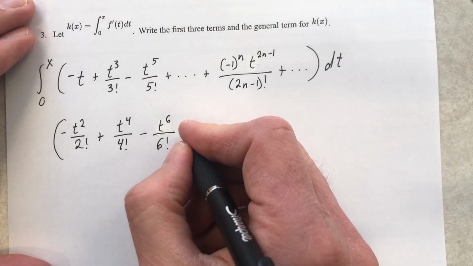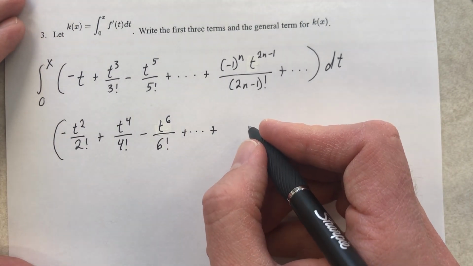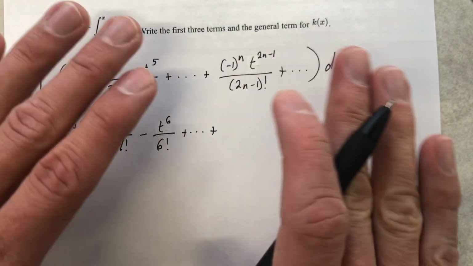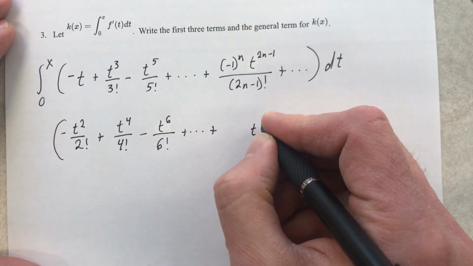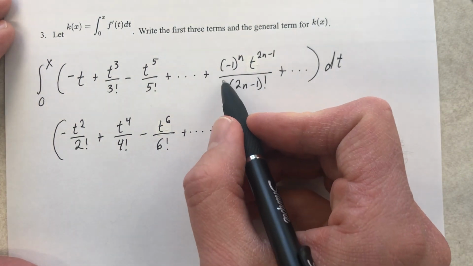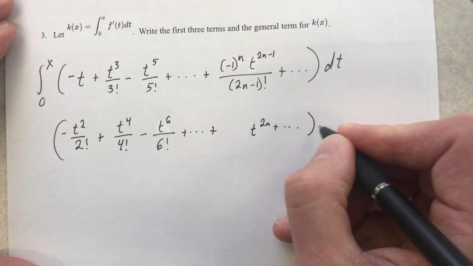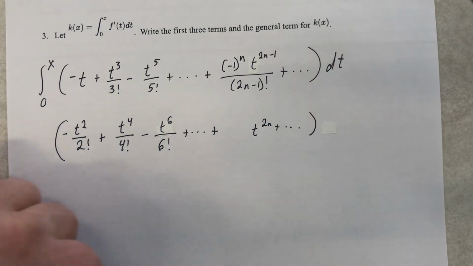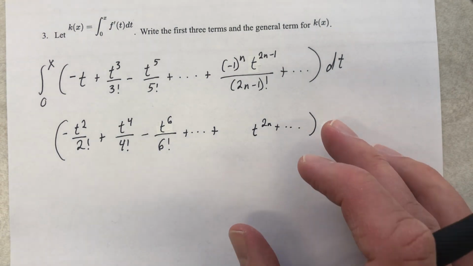All right, let's proceed with the general term. When I do, I'm going to add 1 to my exponent. I'm going to kind of break this one down and do it in a slightly different way. So t and then 2n minus 1 plus 1 is t to the 2n. Now I'm going to figure out what my coefficient would be. Whoops, I'm getting ahead of myself. We haven't figured out the coefficient yet, and it's the same idea.